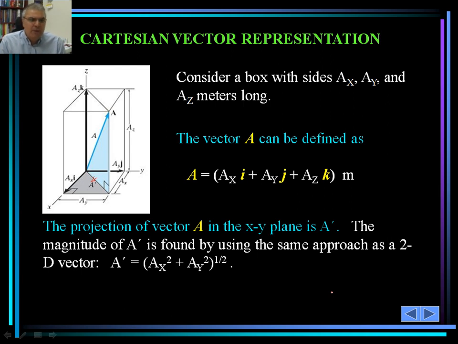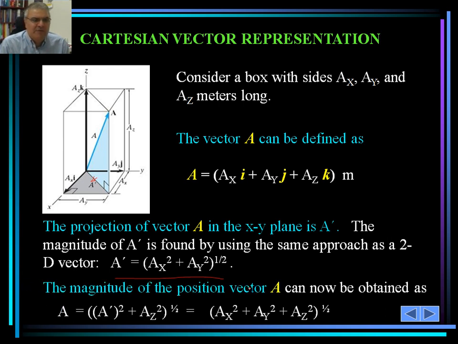So the magnitude of A prime: what kind of formula should we use to find it? We pretty much use the approach that we use in 2D vectors. We take the square root of the sum of the squares, as shown down here. A prime would be A sub x squared plus A sub y squared, and then we take the square root of that, or simply raise it to the power half. That would be the magnitude of A prime.